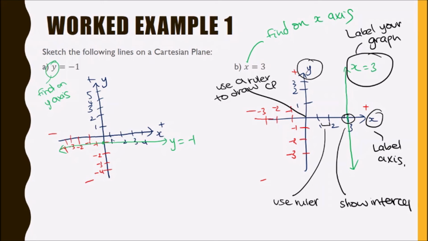Okay, so intercept meaning that the graph touches the x-axis at 3. So the x-intercept for this graph would be 3. What's the y-intercept? Well, it didn't touch the y-axis, did it?